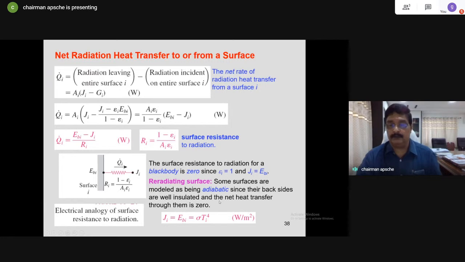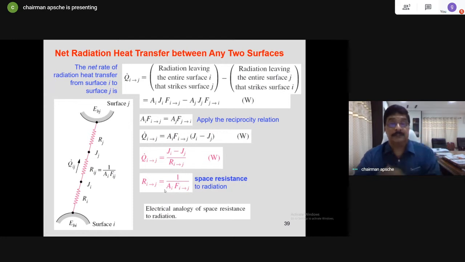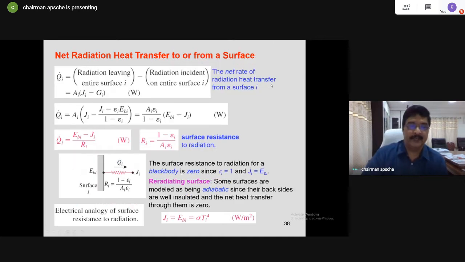Now, I have introduced the electrical analogy here. So what is radiosity if two, three surfaces are interacting with each other? Let me once go back. I said if it is a black body, there is no Ji, only EBi comes.